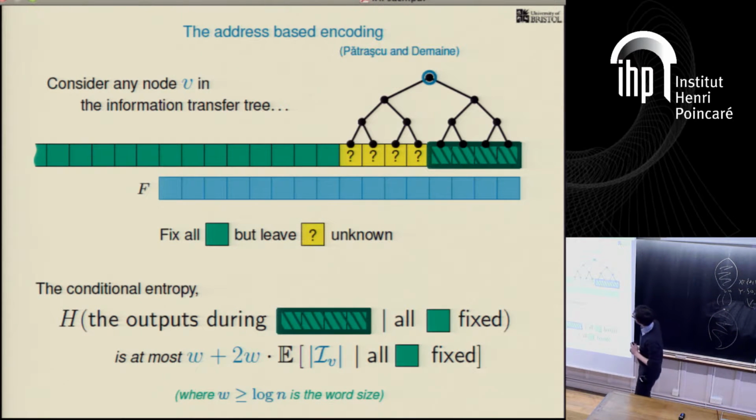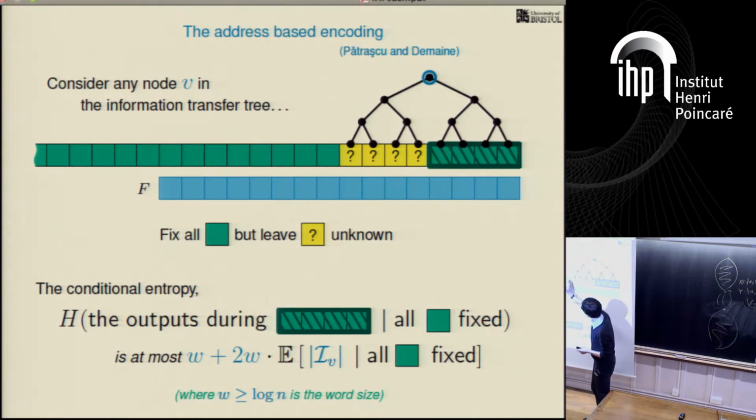Why is this an encoding? It's an encoding because I can recover these outputs from just this and the green stuff I already know. What do I do? I run the algorithm up to this point here.